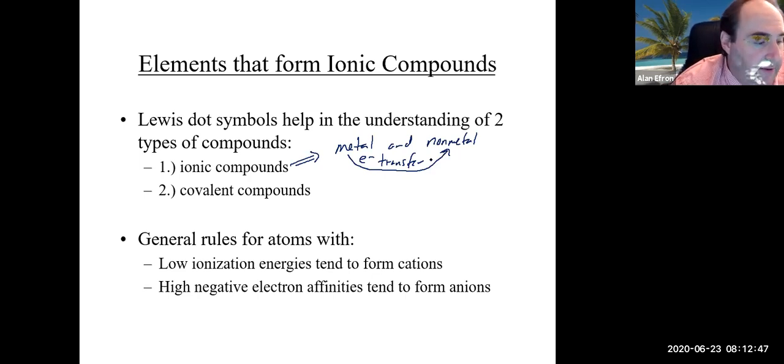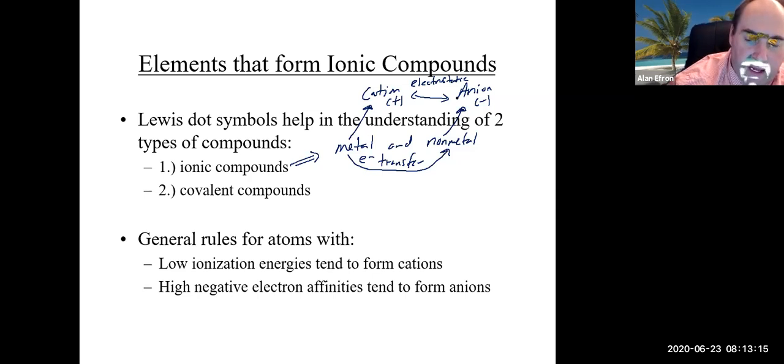And as we talked about earlier, when a metal loses electrons, because of all those periodic trends we talked about, it's going to become a cation, which is positively charged. And when the nonmetal gains those electrons, it's going to become an anion, which is negatively charged. And it is that attraction between those 2, which is sometimes referred to as the electrostatic attraction, that opposites attract.